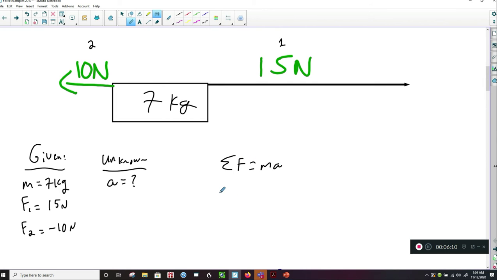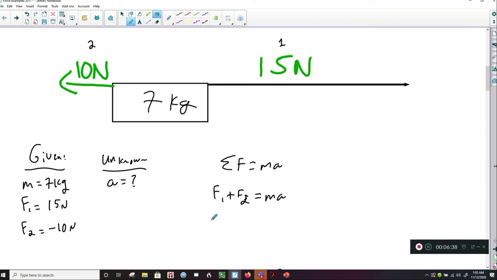I have two forces, so I'm going to expand this sigma F out to be F1 plus F2 equals ma. It's going to be pretty important later on in this unit that you actually write them like this, please. I know that it's very easy to just do in your head, but they're going to get a lot more complicated, and this is going to help you a lot.